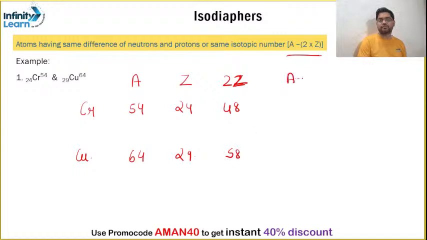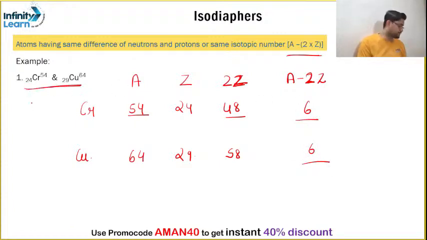So A minus 2Z, that is, A minus Z, is approximately 6 for both. So they have the same isotopic number and hence they are isodiaphers of each other. Clear? Sure.